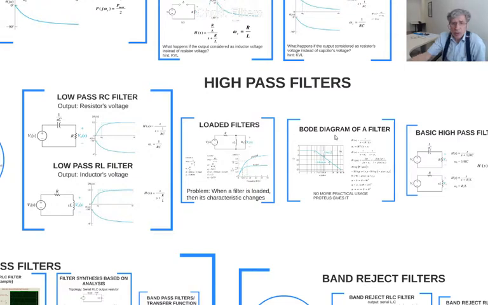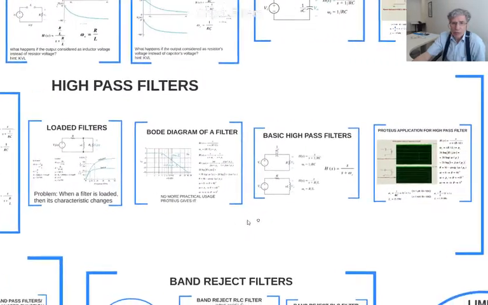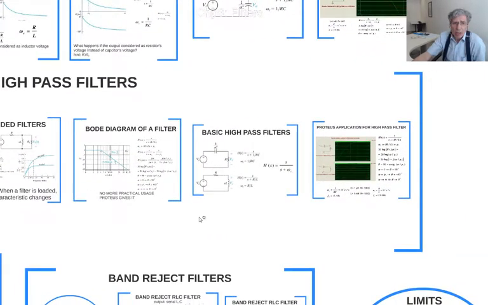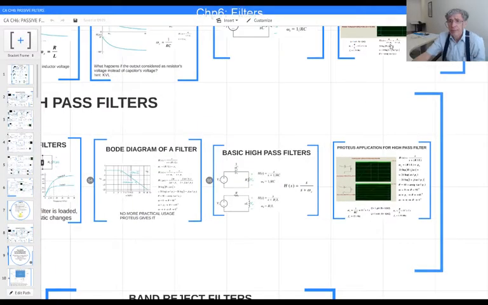Now, we don't use that, we use Protos and frequency response analysis. High pass filters as an outline here, and that is a Protos result for this high pass filter. Let's examine all this in detail.